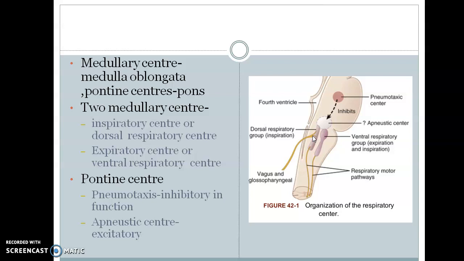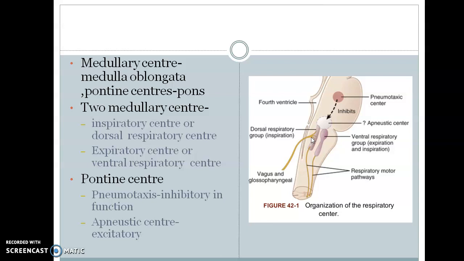It will periodically check the inspiratory and apneustic centers. That is, it will turn off the inspiratory center and stop the inspiration and will facilitate expiration.